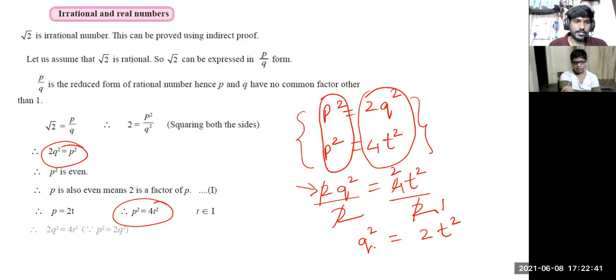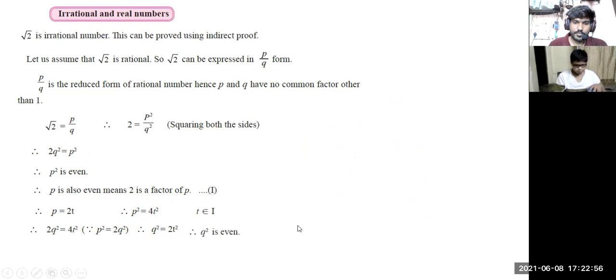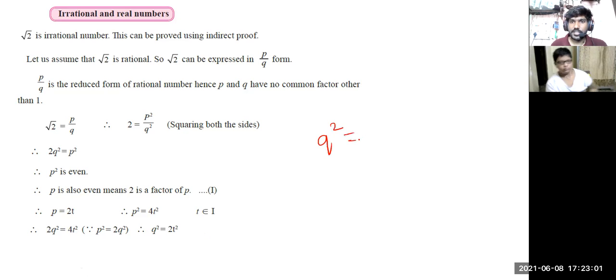Yes, sir. Okay. So q square is equal to 2t square.